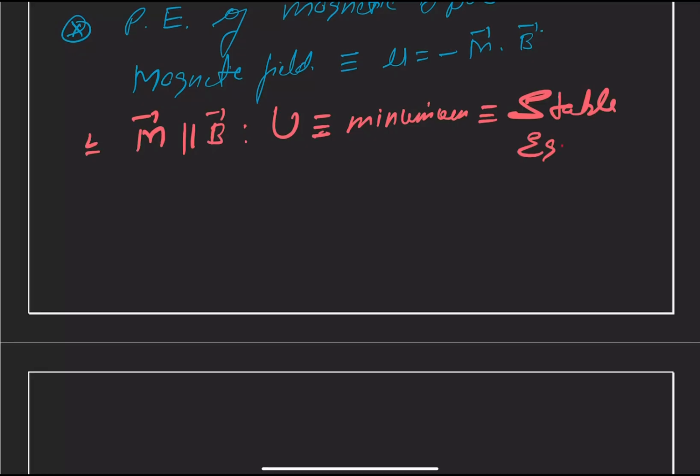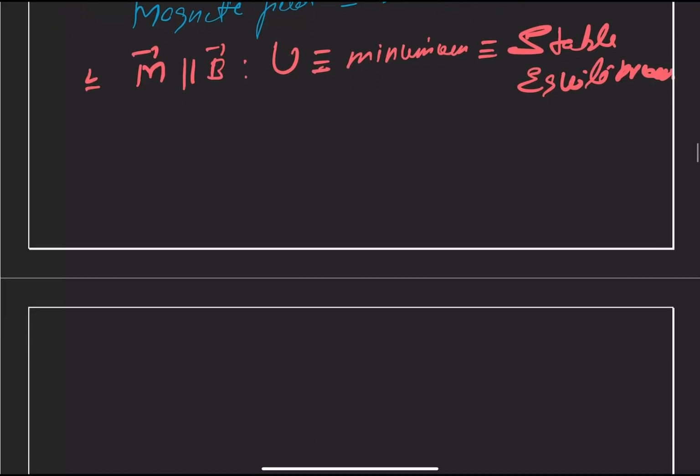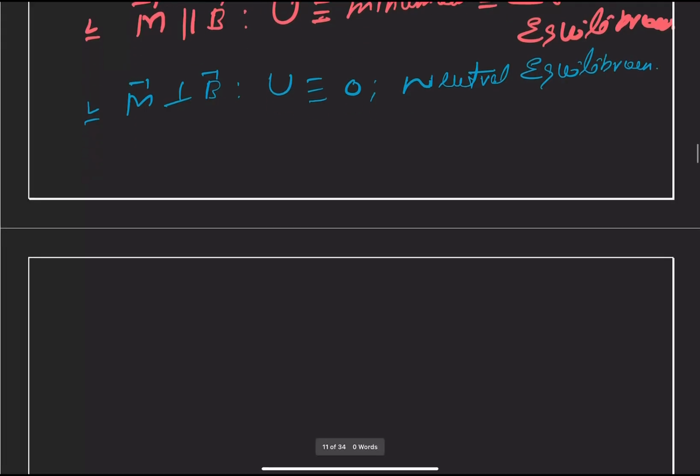If M is perpendicular to B, then we have energy equal to 0, and this is called neutral equilibrium.